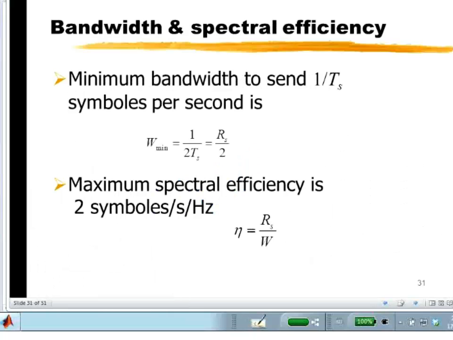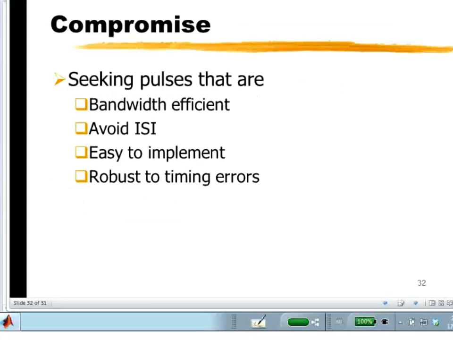I talked about spectral efficiency, and of course spectral efficiency is the ratio of the transmission rate divided by the bandwidth occupied in order to achieve that. So if I hold constant the transmission rate for all Nyquist pulses, their bandwidth is different, and this bandwidth for the ideal Nyquist pulse is the smallest one, and this is the most spectrally efficient.